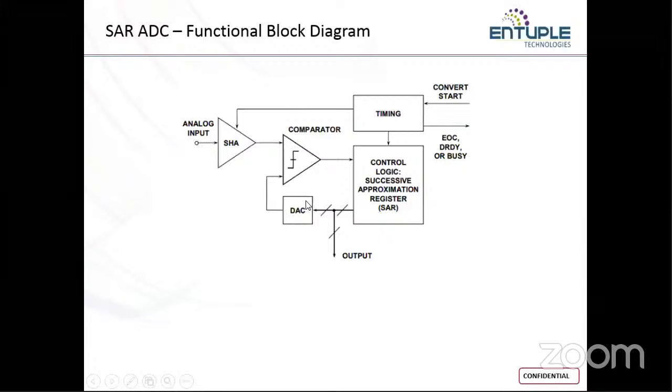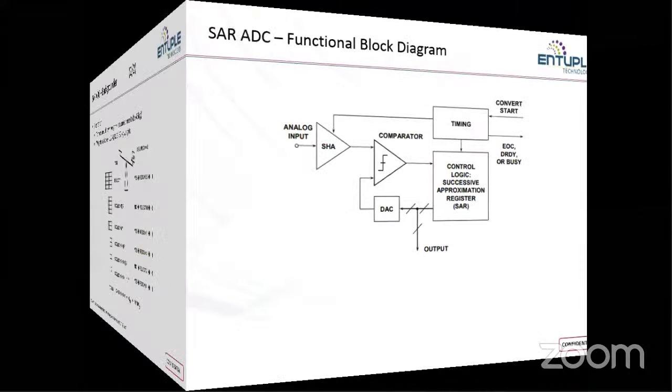It compares the output of the digital to analog converter and the sample and hold circuit, which gives the input voltage. The output is given to the successive approximation register, which generates digital data. This digital data is compared with the reference voltage at the digital to analog converter, and it gives the difference to the comparator again. Okay, so this is the principle, whatever we have seen here.